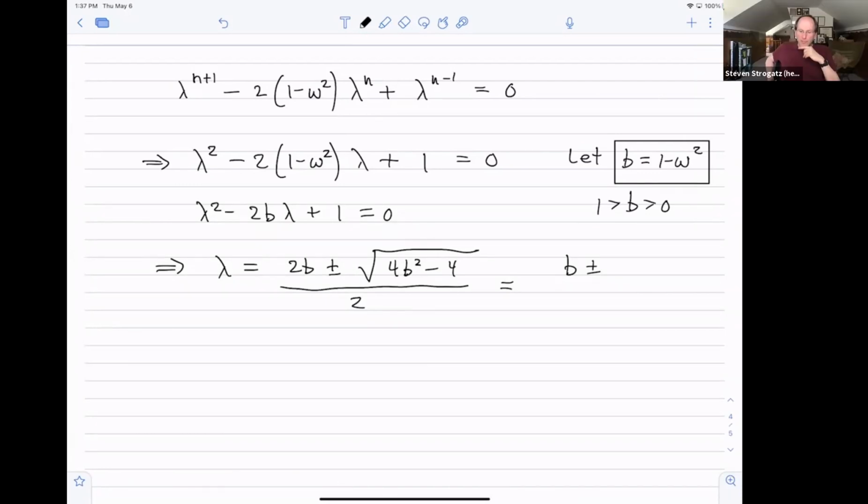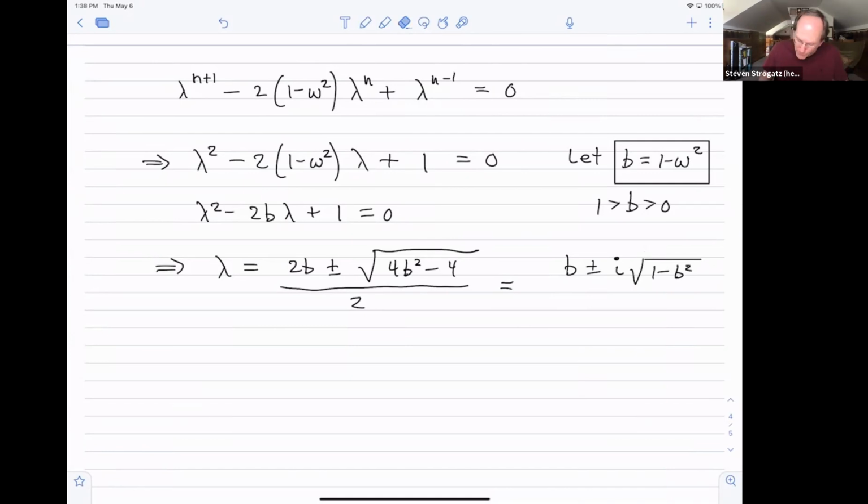And that means that b squared minus 1 is going to be strictly negative inside that square root. So what I have is plus or minus i times the square root of 1 minus b squared, where that quantity inside the square root is positive. And the 2's have canceled out. So that's a very pretty expression.